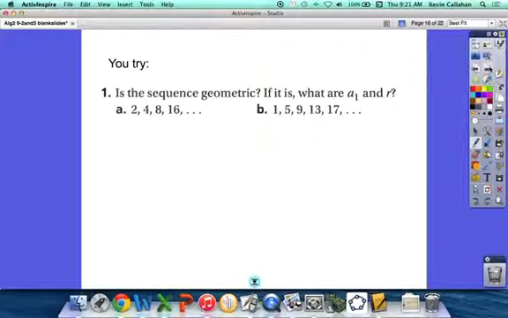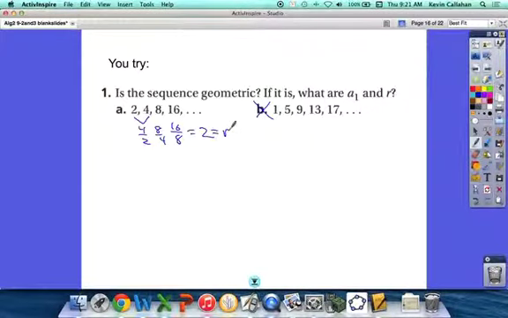Which one is, which one isn't? The B isn't. The B is arithmetic, right? We used that one before, so it's not that. But the A, does it look like you keep multiplying by the same number? And that number is 2, right? So 4 over 2, 8 over 4, 16 over 8, which is 2. So R equals 2. A1 is 2.